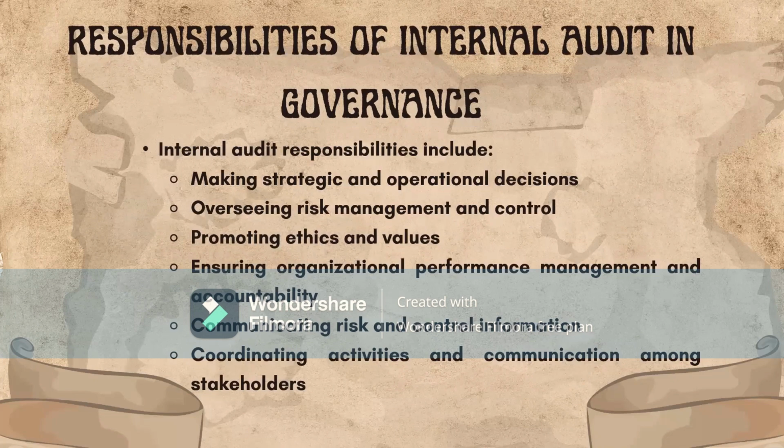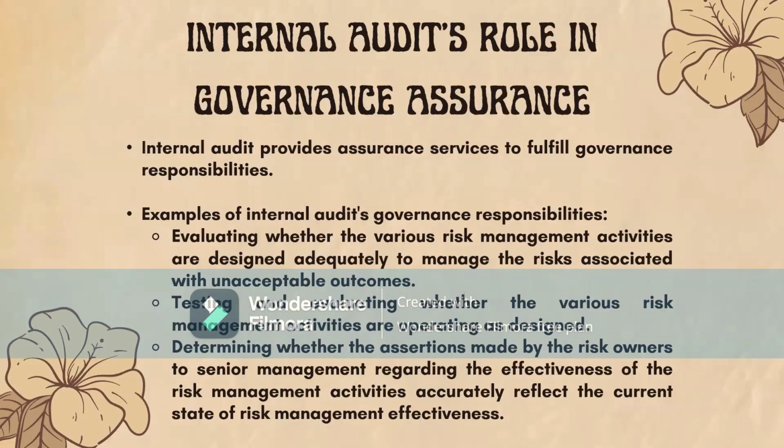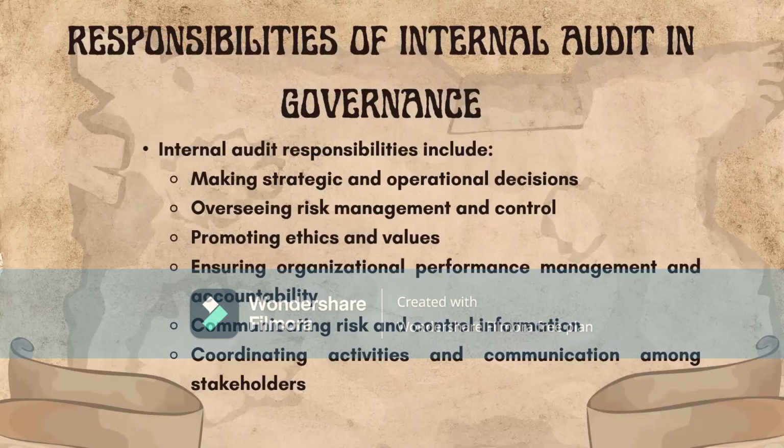So the responsibilities of the internal audit function include making strategic and operational decisions, overseeing risk management and control, promoting ethics and values, ensuring organizational performance management and accountability, communicating risk and control information, and coordinating activities and communication among stakeholders. So these responsibilities are carried out largely through the assurance services provided by the internal audit function.